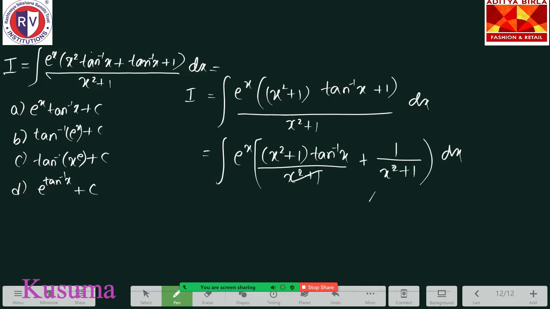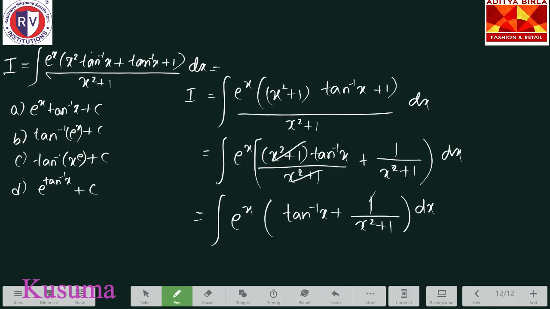So here x square plus 1 cancels, and we will have only tan inverse x. So this will be integration e to the power of x into tan inverse x plus 1 by x square plus 1 into dx. So after simplifying, we get this form. Did you understand? Did you understand the simplification?